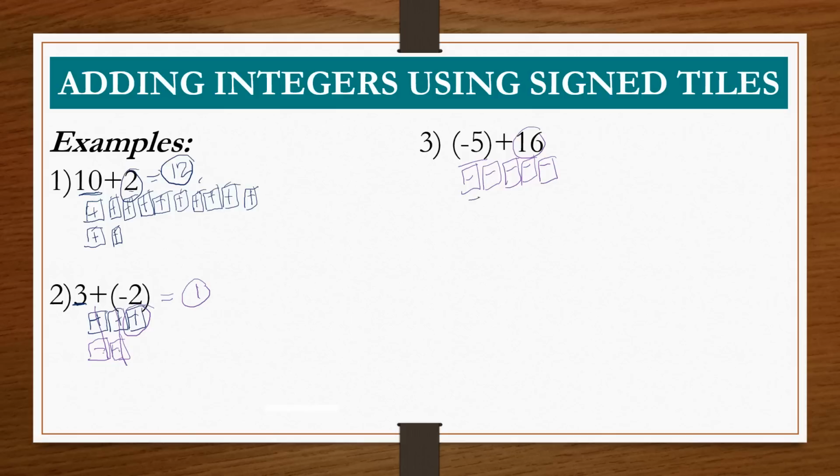So I'm going to draw 16 tiles with positive sign on it. So 1, 2, 3, 4, 5, 6, 7, 8, 9, 10, 11, 12, 13, 14, 15, and 16. So let us put the positive sign on each tile.